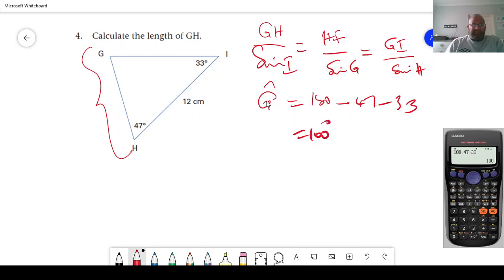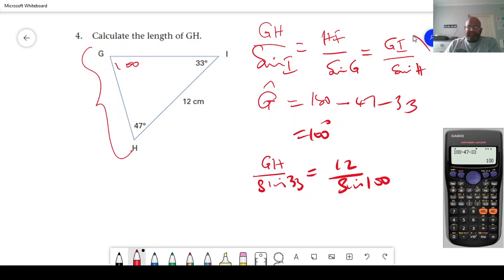That's angle G. So that's enough information now to calculate GH. GH over sine of angle I, which is 33 degrees, is equal to HI, which is 12, over sine of angle G, which is 100.